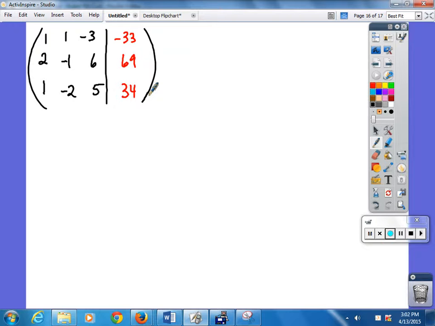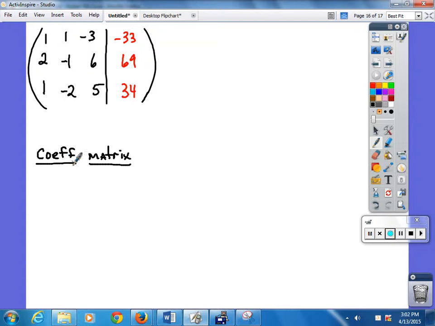Alright, now the first determinant I want you to come up with is just these 3 by 3 right here. This is 3 by 3. And we're going to call this the coefficient matrix. That is a Huberdism, so you're not going to see it in the book.